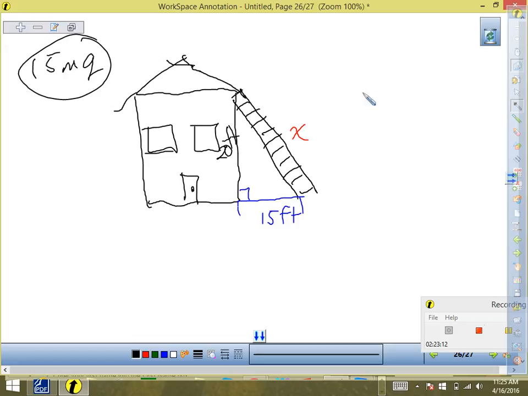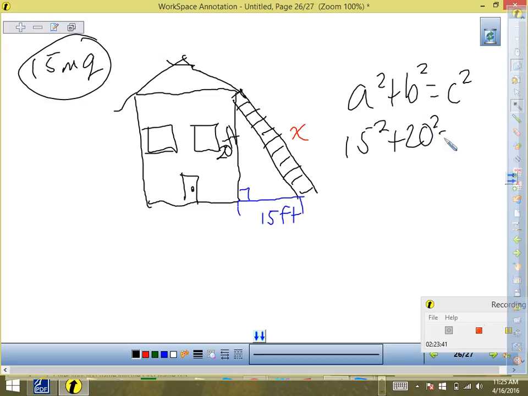So you said write a squared plus b squared equals c squared. Very good. Hands if you wrote that. Okay, what do I write next, Julian? 15 squared, 20 squared equals what? X squared. That is correct. These could be switched back and forth.